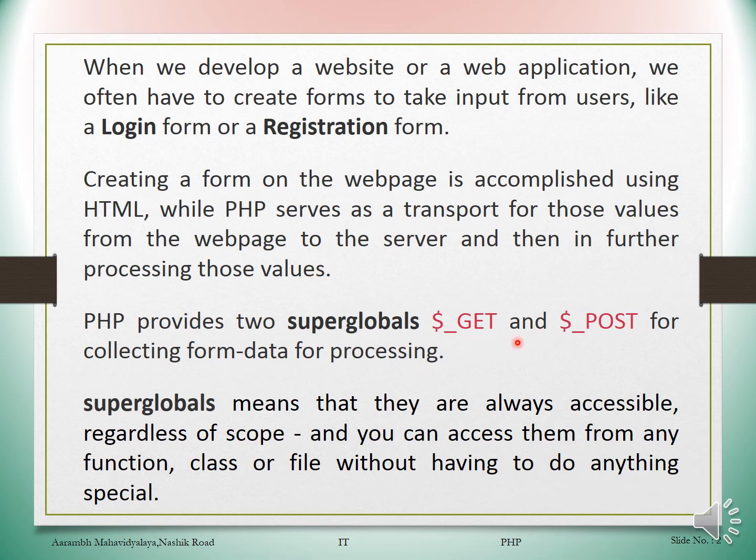These $_GET and $_POST are known as the super globals. Why are these super globals? Super globals means we can access the data through the get and post methods in any scope. Also we can use them in any function, any class, any file or any specific type of parameter functioning, and through that we can access these super globals.